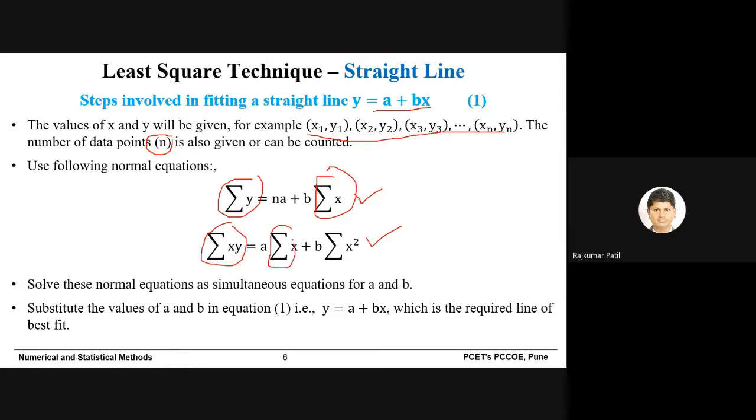Once you get all the unknowns from the normal equations, solve these two simultaneous equations, calculate A and B, put the values of A and B in equation number 1, and you will get the required equation y is equal to A plus bx. That can be used for the predictions.